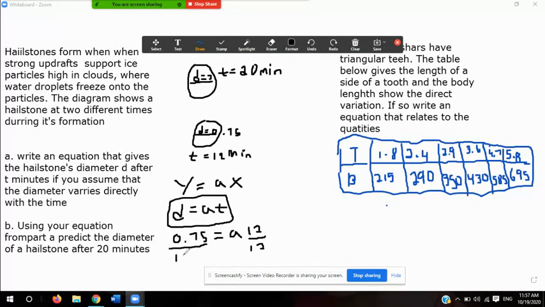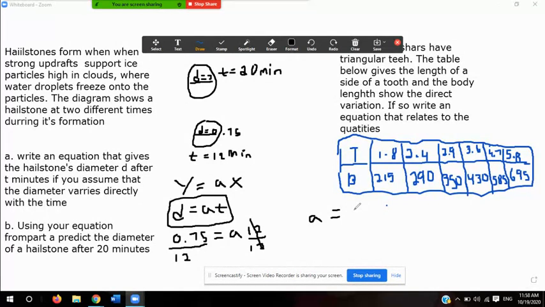This is going to cancel out here, right? t is going to cancel out. And A, in that case, is going to be 0.0625. However, I am going to do the division right here just to make sure that I am not making any mistake, and that's correct.